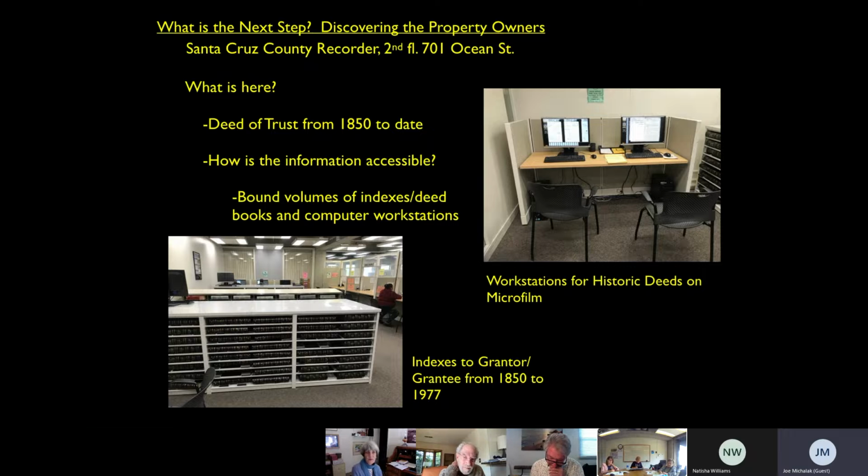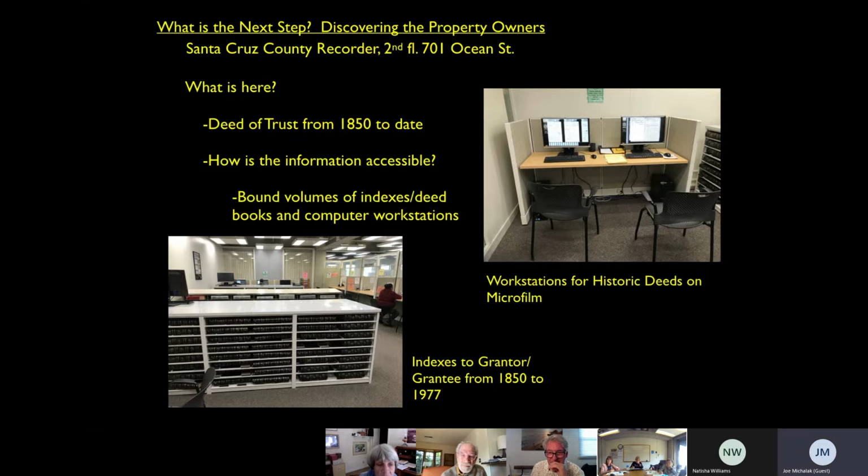In 78, they transitioned to an electronic system, and there are workstations, and you can see them on those tables a little bit. Those workstations cover documents from 78 to date. And on those workstations, you can actually get the deed on the screen.